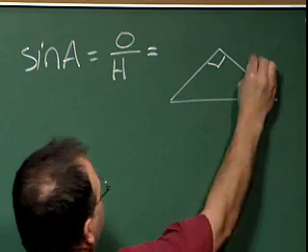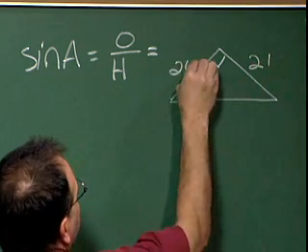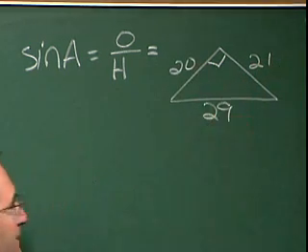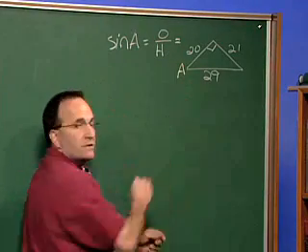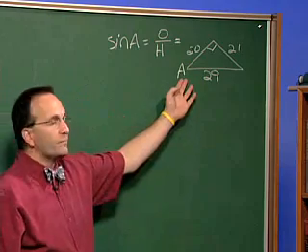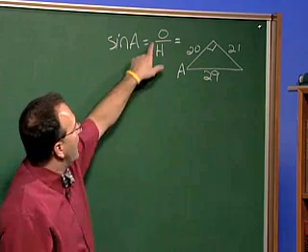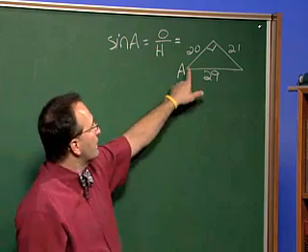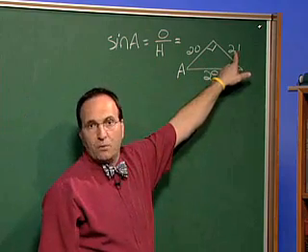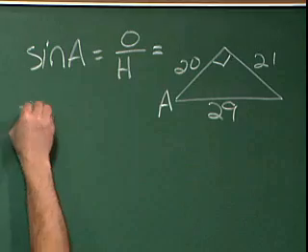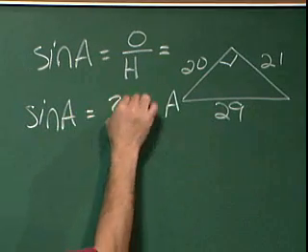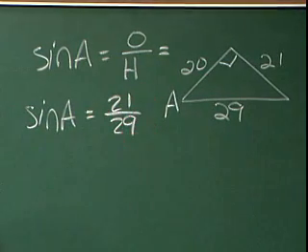And we know that this side is 21, this side is 20, and that side is 29. The angle A that we're dealing with is right here. So when we want the sine of angle A, we want the side opposite it, 21, over the hypotenuse. So the sine of A is 21 over 29.